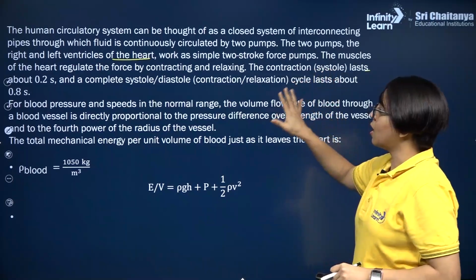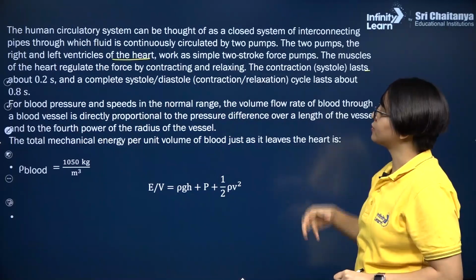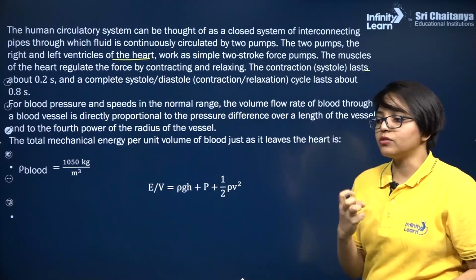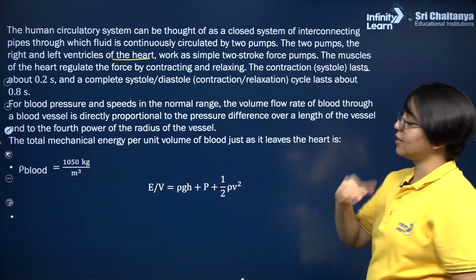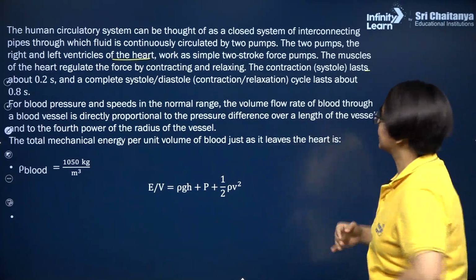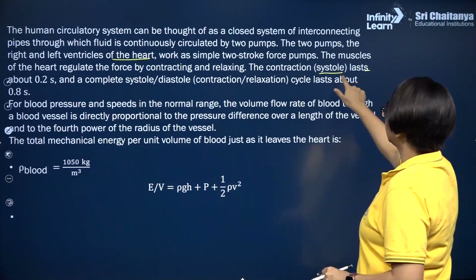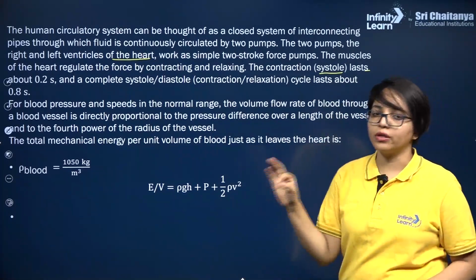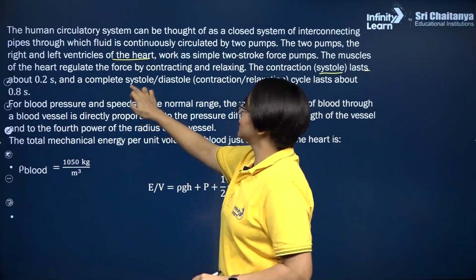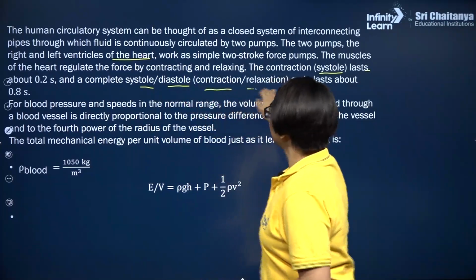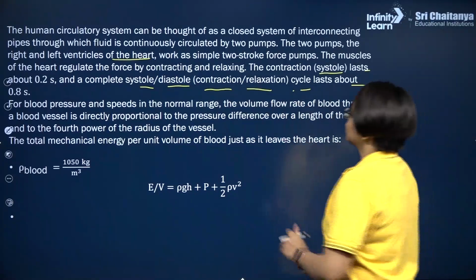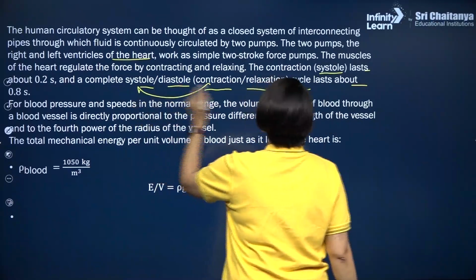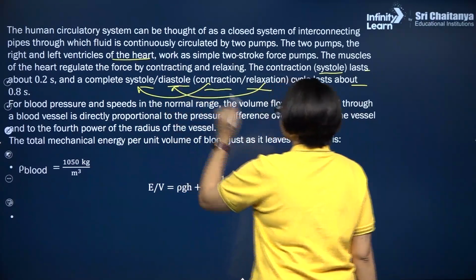The muscles of the heart regulate the force by contracting and relaxing, and that is how the blood flow works. The contraction, we call it systole, lasts about 0.2 second, and the complete systole, diastole, contraction and relaxation cycle lasts about 0.8 second. So contraction is related to systole and relaxation is related to diastole.